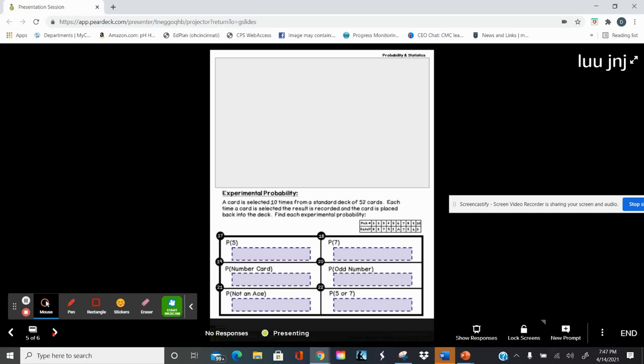So in a deck of cards, there's 52 total, 52 cards.